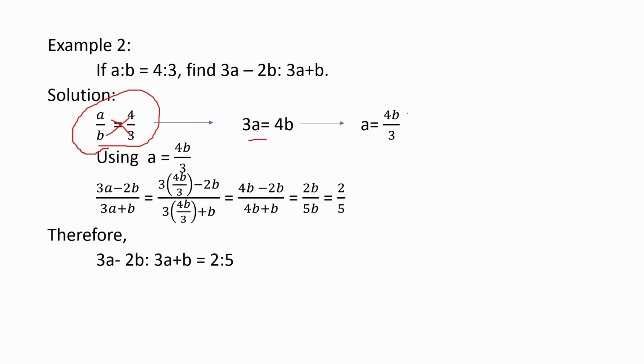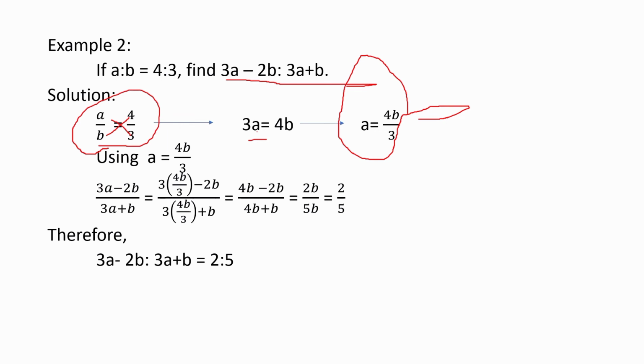Now, what we're going to do is to substitute the value of a, which is 4b over 3, in this given ratio to solve for the ratio of the 3a minus 2b is to 3a plus b.